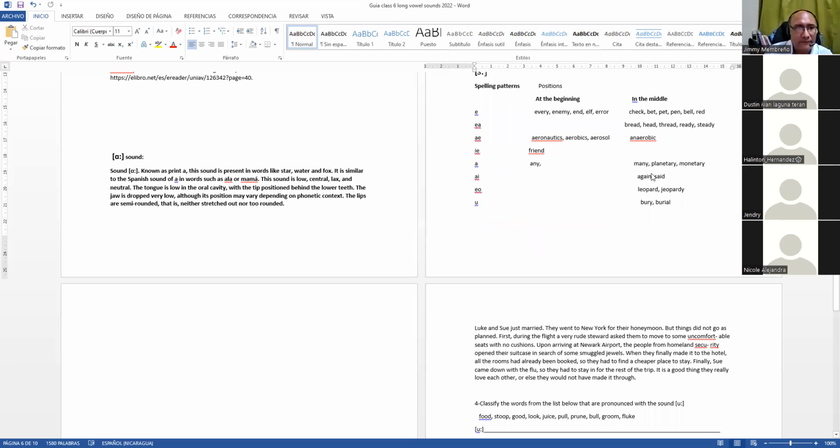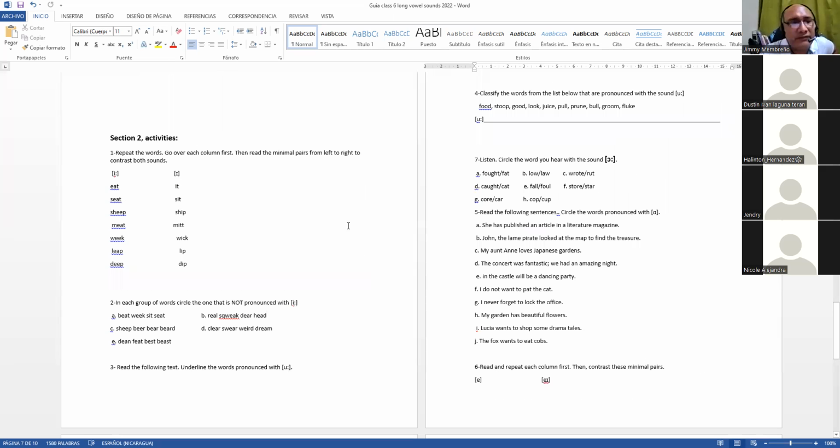Okay, we have covered the 5 long vowel sounds. Now we're going to do some activities. So pay attention to this. Repeat the words and go over each column first. Then read the minimal pairs from left to right to contrast both sounds.